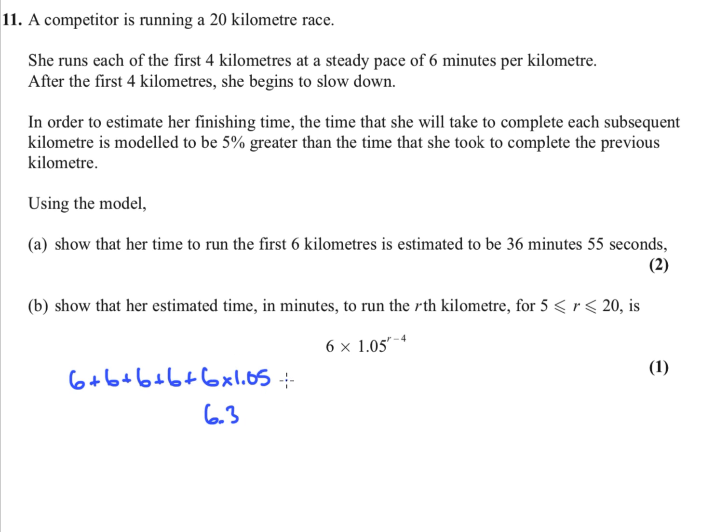So if we were to do that all in one go, we'd be timesing this by 1.05 and then timesing it again by 1.05, which is the same as timesing by 1.05 squared.